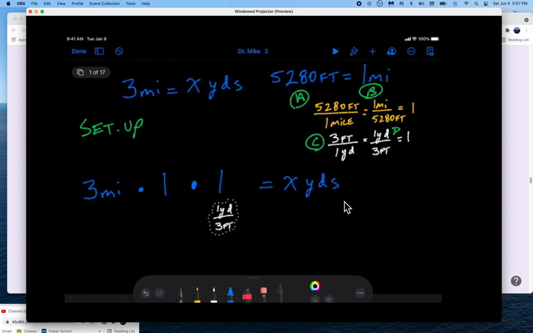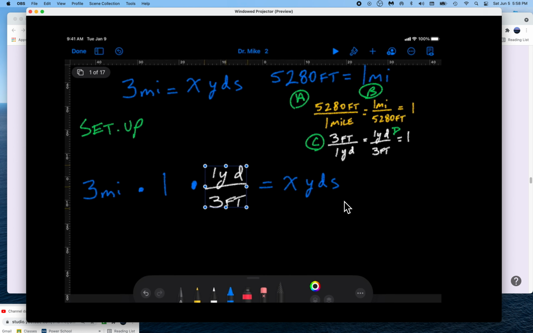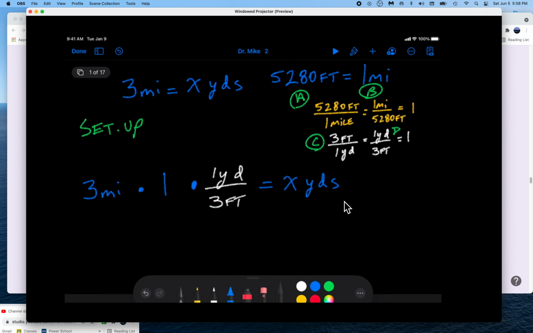I'm going to take out that 1 and replace it with this. Now, when we do that, we know that whatever happens over here, yards is going to remain in the numerator, which is our answer.